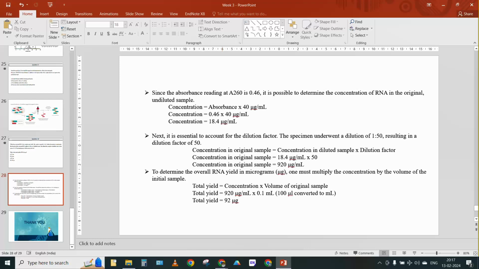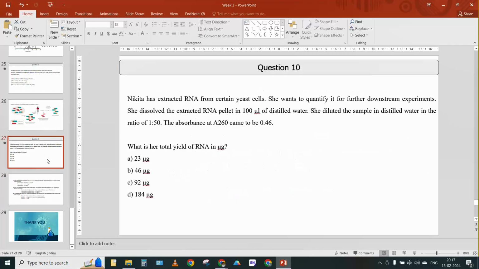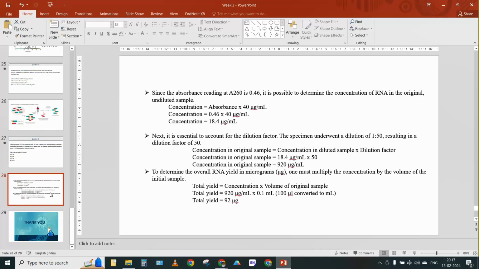The specimen underwent a dilution of 1 is to 50, as said by Nikita, resulting in a dilution factor of 50. The formula for the concentration in the original sample is concentration in diluted sample multiplied by dilution factor. According to this calculation, it came to 920 microgram per ml.